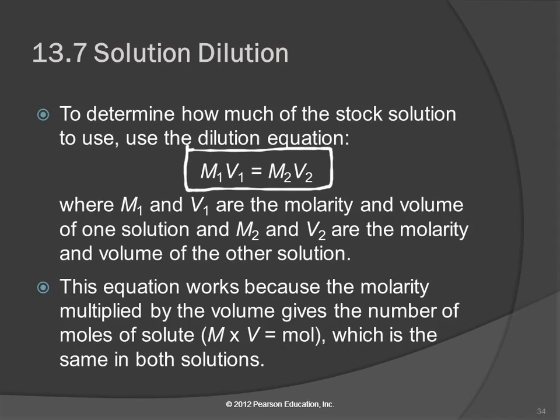So M1 and V1 are the molarity and the volume of one solution. M2 and V2 are the molarity and volume of the other solution. And it doesn't matter which one you call the more concentrated and which one you call dilute. This works because the moles of solute in each of these solutions is the same.